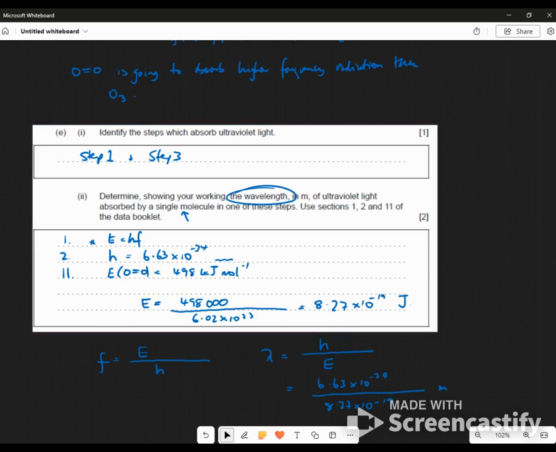So that's 6.63 exponential minus 34 divided by 8.27 exponential minus 19, and I get 8.017 times 10 to the minus 16 meters as a wavelength.